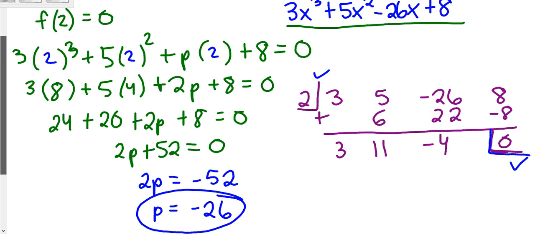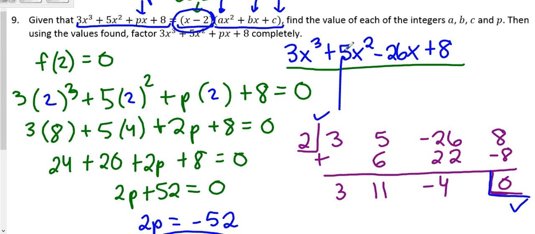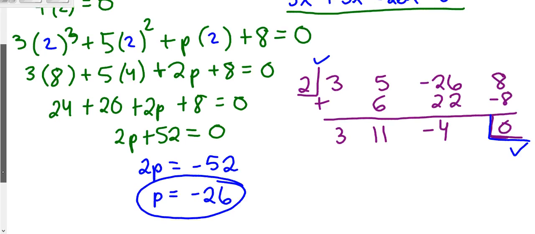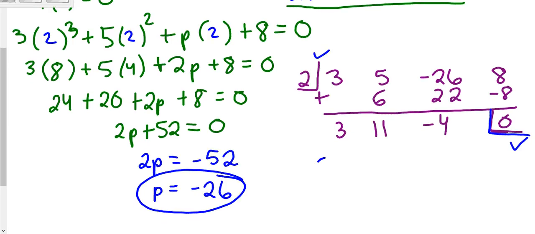That means we can write this back out. Our original function started with x cubed, so our quotient here is going to start with x squared. So we have 3x squared plus 11x minus 4.